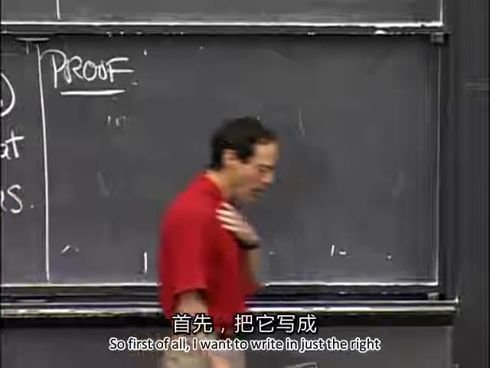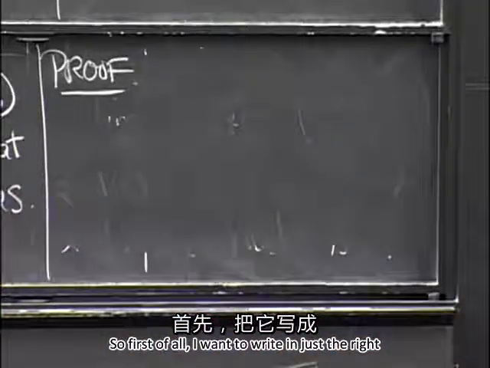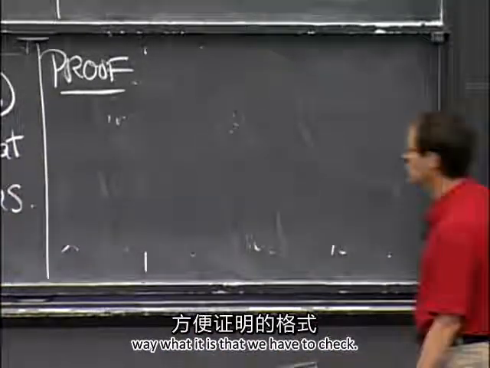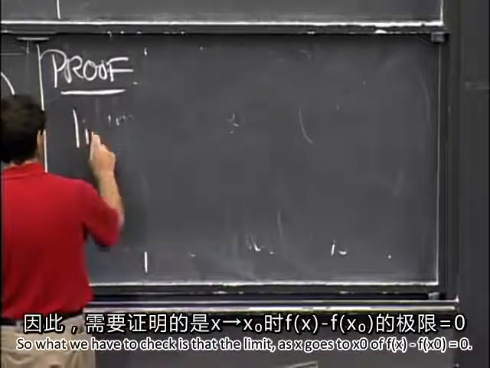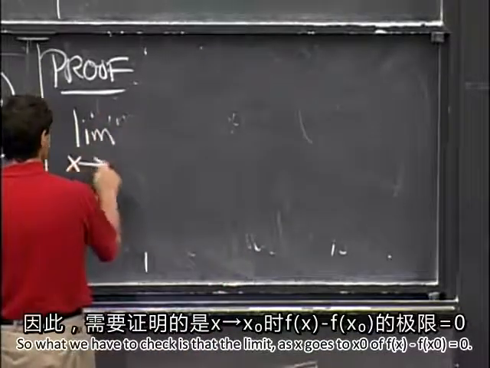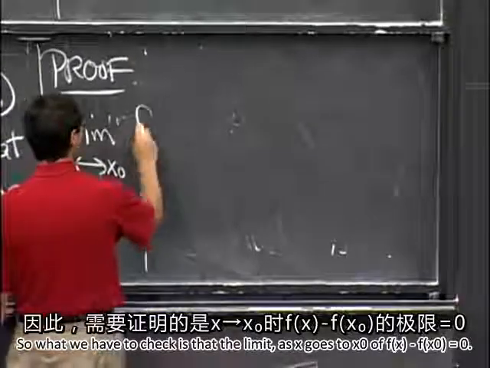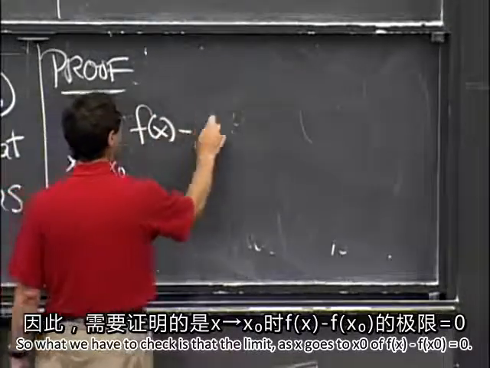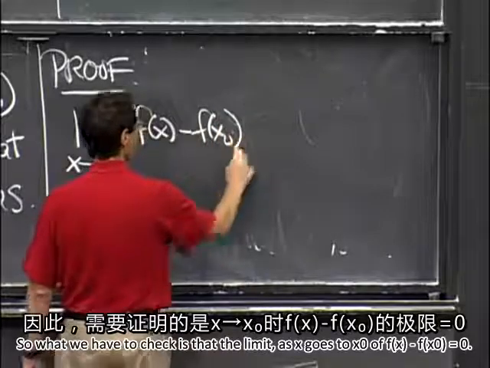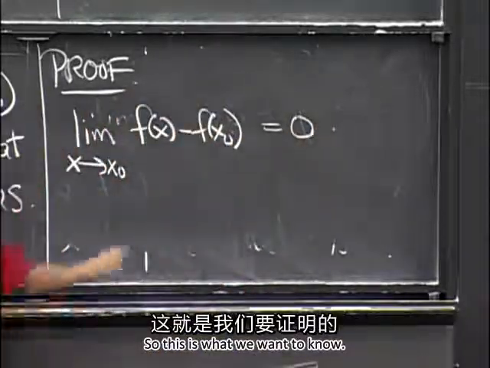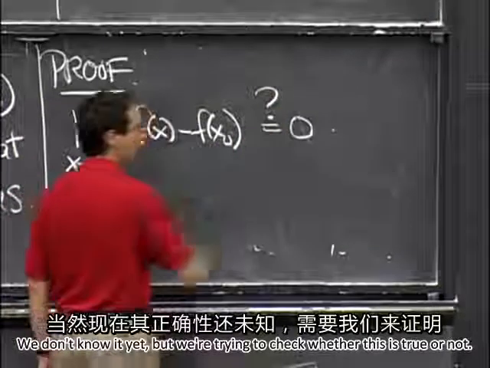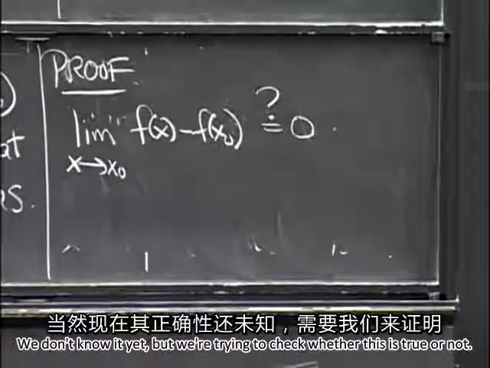So first of all, I want to write in just the right way what it is that we have to check. So what we have to check is that the limit as x goes to x0 of f of x minus f of x0 is equal to 0. So this is what we want to know. We don't know it yet, but we're trying to check whether this is true or not.